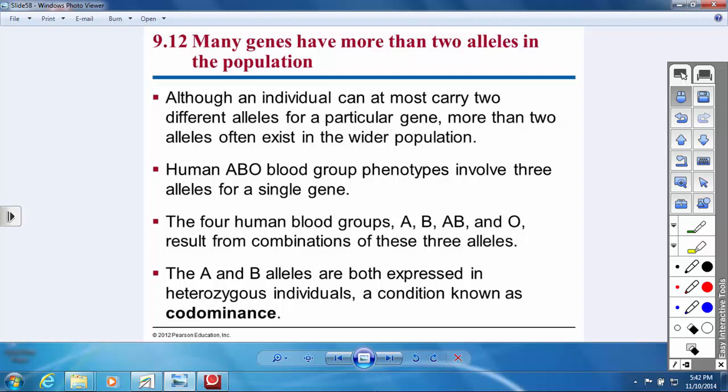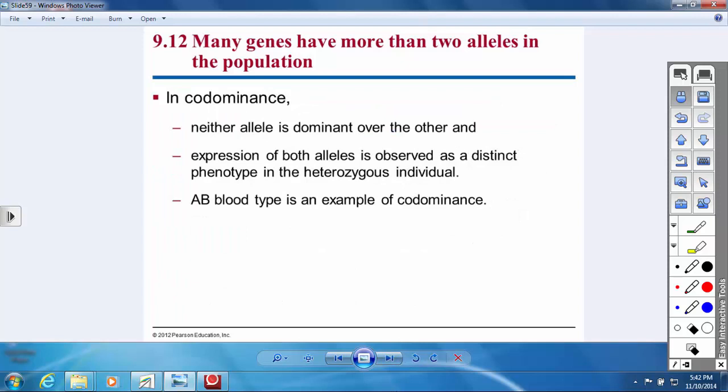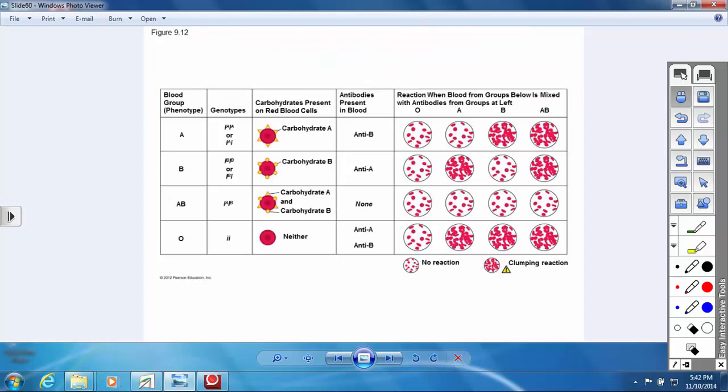So go back to that flower: if the red and white were codominant, it wouldn't necessarily end up pink, but one cell would be red and the other cell would be white, so it may look pink or blotchy, all sorts of different things, but you would get both alleles expressed. And in our blood groups, we have more than one allele because we have that O allele. So in codominance, both phenotypes are expressed at the same time instead of some sort of blending.